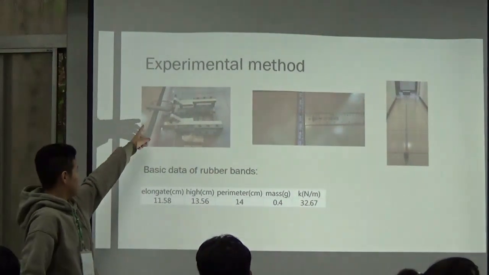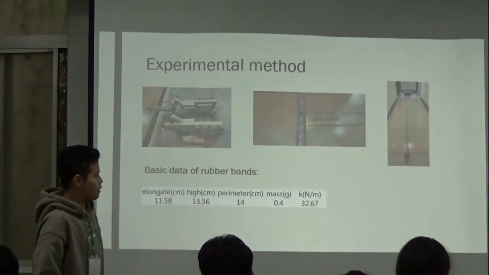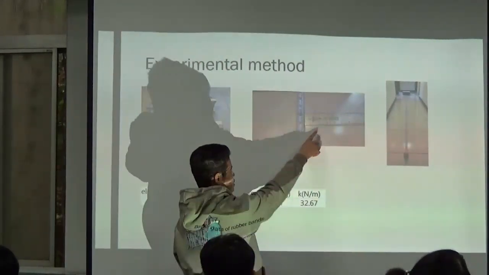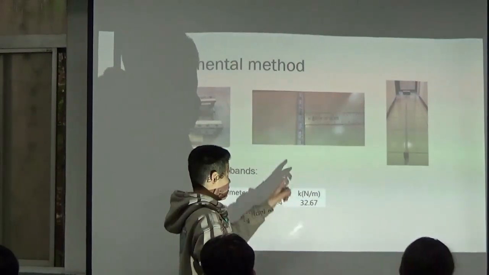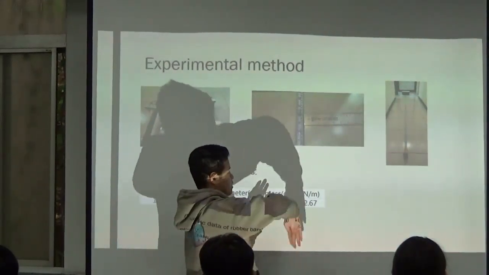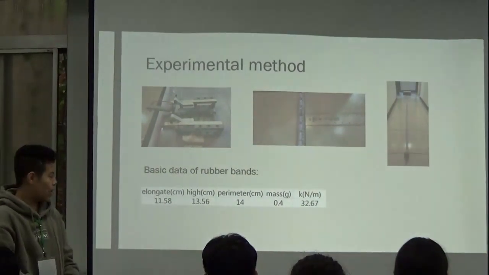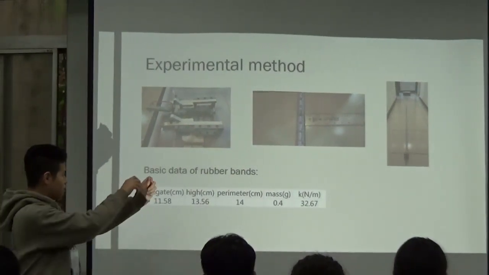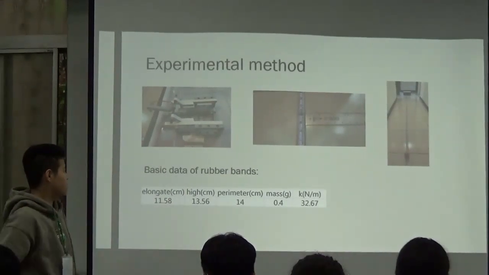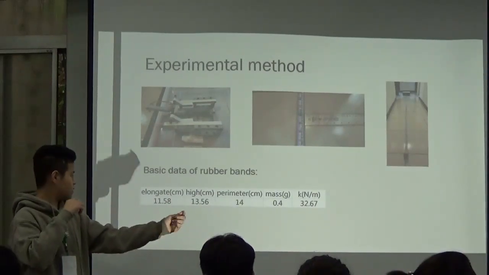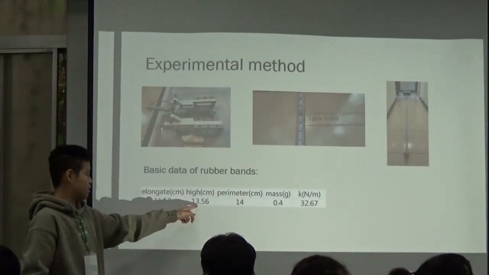And here is our method. We use this to shoot the rubber band, and we put the long place, and this one is to measure how it turns and how far it is. Our rubber band, we pull it to 11 cm, and the height is this.